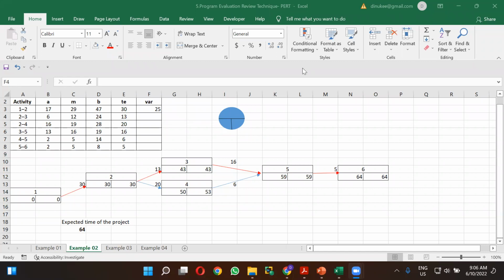So likewise, you have to calculate variances for each of these activities and see whether you are getting these answers. For the 1 to 2 activity, it is 25, 2 to 3, 9, right? So I will give you 1 minute. After you finish, please let me know.